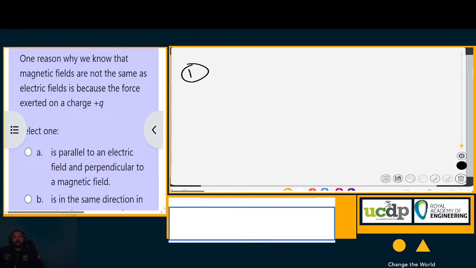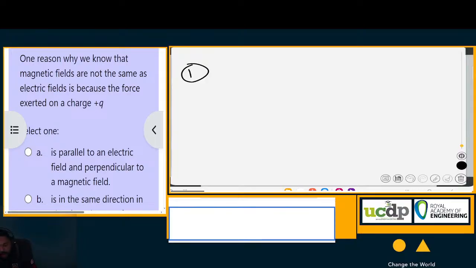Now, question 1: give one reason why we know that magnetic fields are not the same as electric fields. One reason is because of the force exerted on a charge plus Q. Let's think about this. What do we know about the force exerted on a charge plus Q?